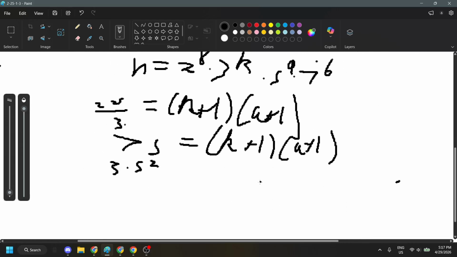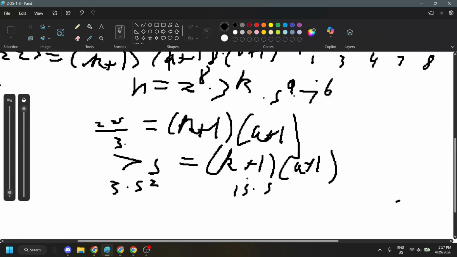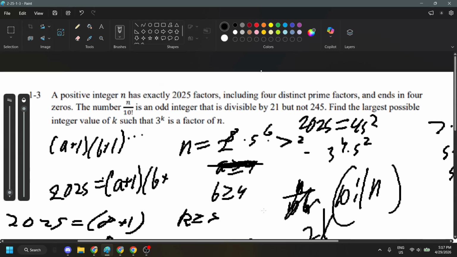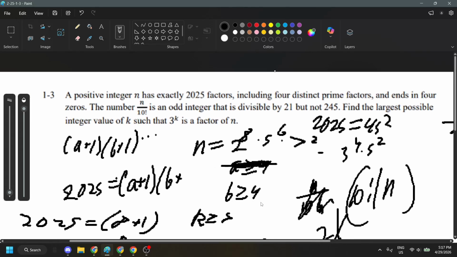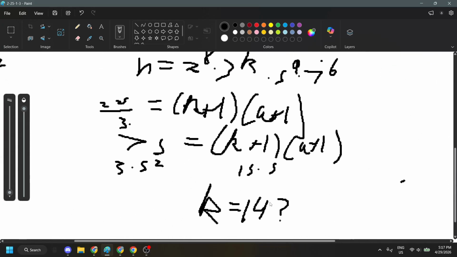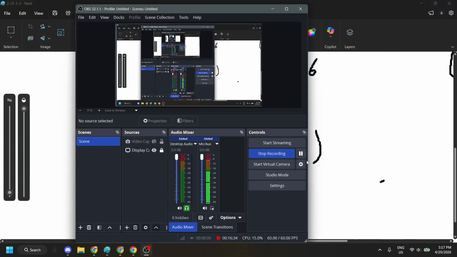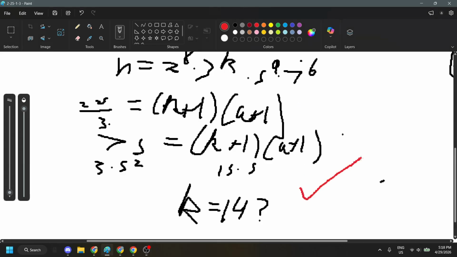So it's either going to be 15 times 5, 25 times 3 doesn't work, 75 times 1 doesn't work. So I think k, the largest it could be, is 14. I think that works, because then that'd make a 4. Okay, let me check. Yep, this is right, and they did it pretty much the same way as I did, so cool.